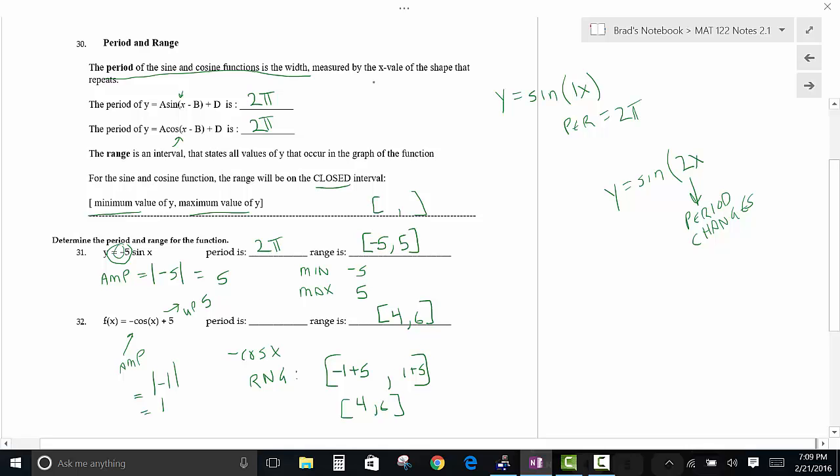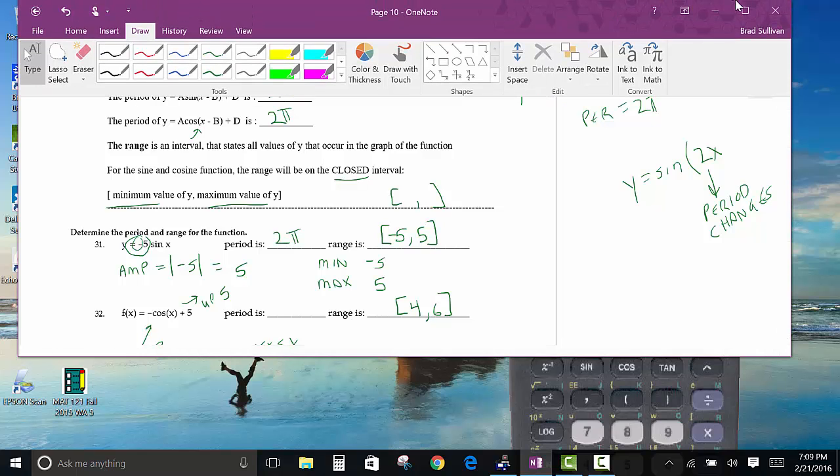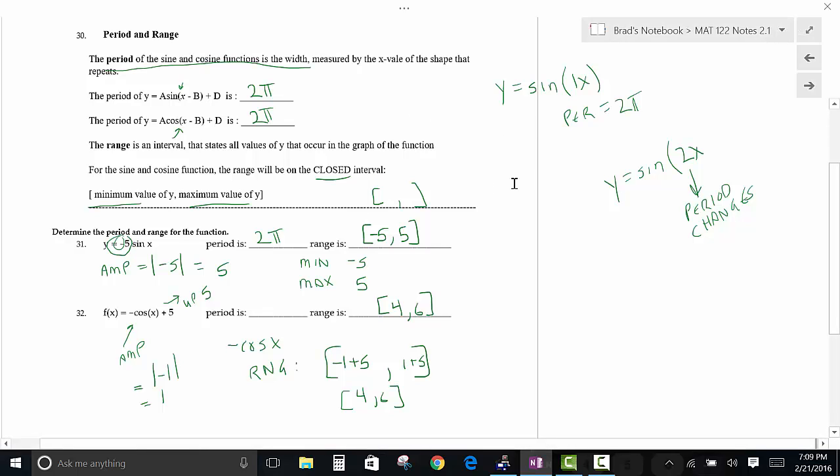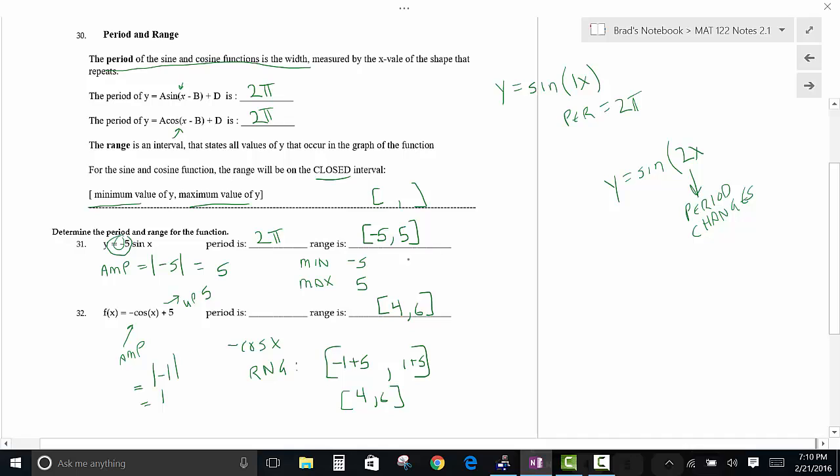Okay. Now a couple of things I want to do as I'm thinking about this. If I was to look at the amplitude, I want to use the range as a check here. Remember, the amplitude is half the distance from the min to the max. The distance between -5 and 5 is 10.